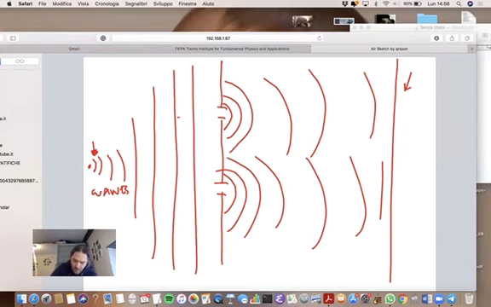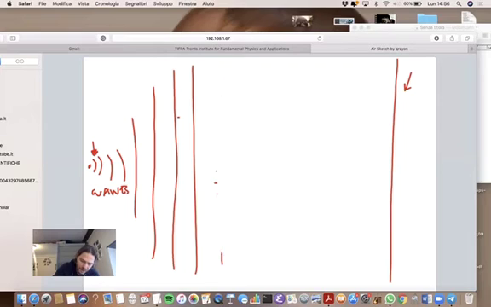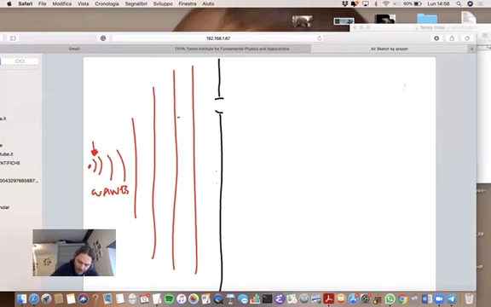And again, we can do this in the two cases in which each of the holes is shut. So let me draw with black now the holes. Let me first consider the case in which we have one open and the other one is shut. And let me move the screen a little bit toward here.